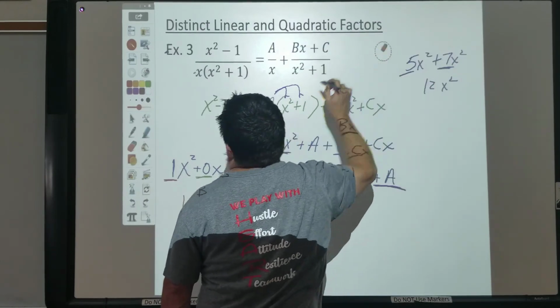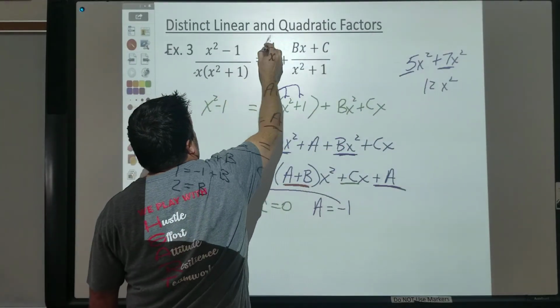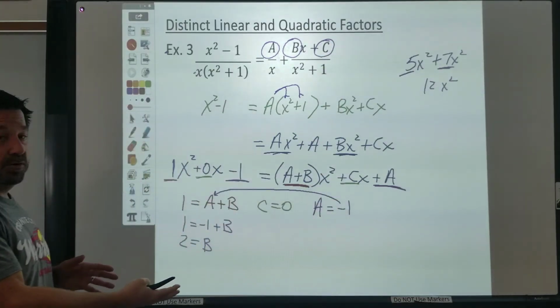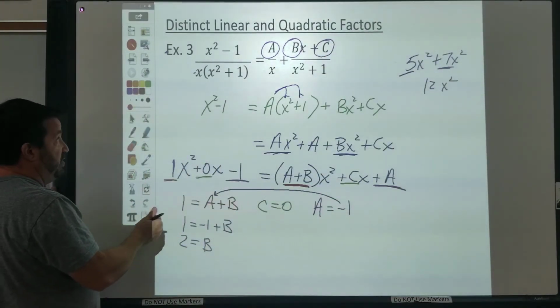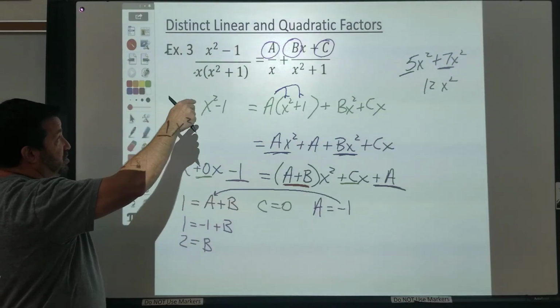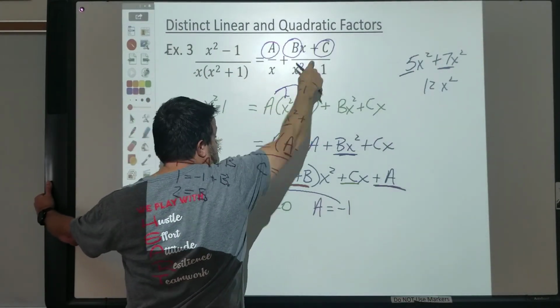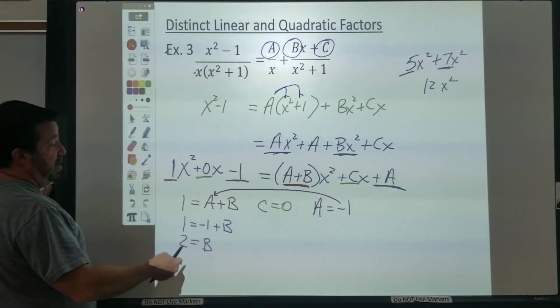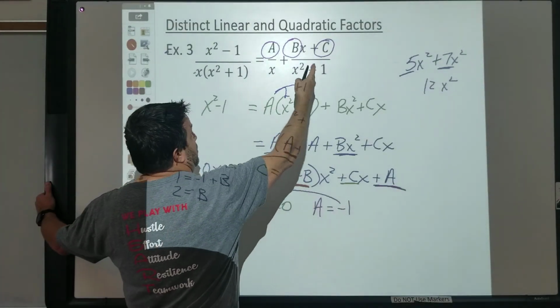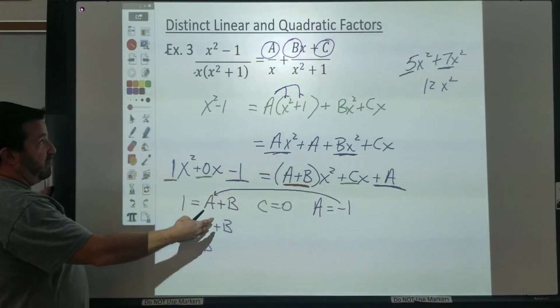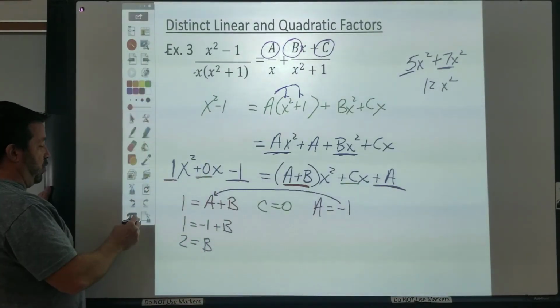What I was looking for was what's a, what's b, and what's c. I now have that figured out. So that means that now I could write my answer. My answer, I would just simply rewrite this, but replace the a, b, and c with the values that I found. Notice, it is perfectly fine for either b or c to come out to be 0. It's just whatever is needed for it to create that equation.